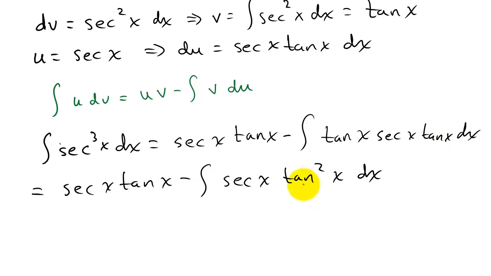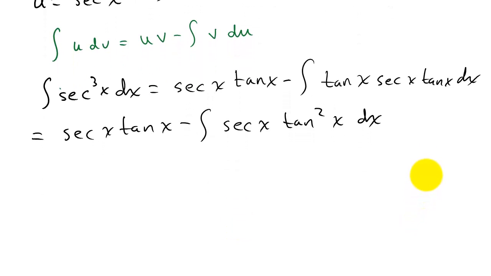Alright, so if we look at this, there's really not anything we can do here, because we can't use u substitution. If we let u equal tangent, then what happens? Well, the derivative of tangent is secant squared. That doesn't give us this.